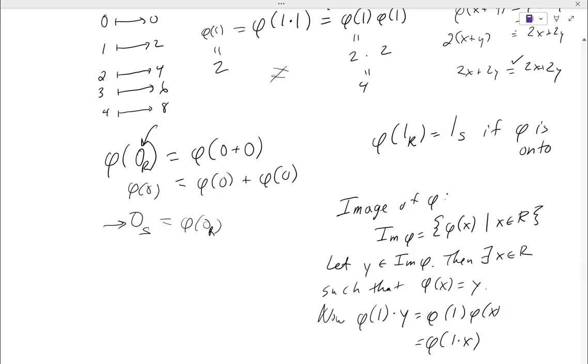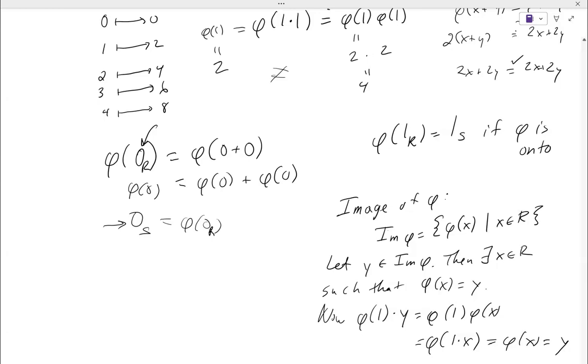Phi of 1 times x is, well, what's 1 times x going to be? x. And phi of x, another name for that is y. Yeah. So the whole point of this was to show that phi of 1 acts like the identity of the image, right?